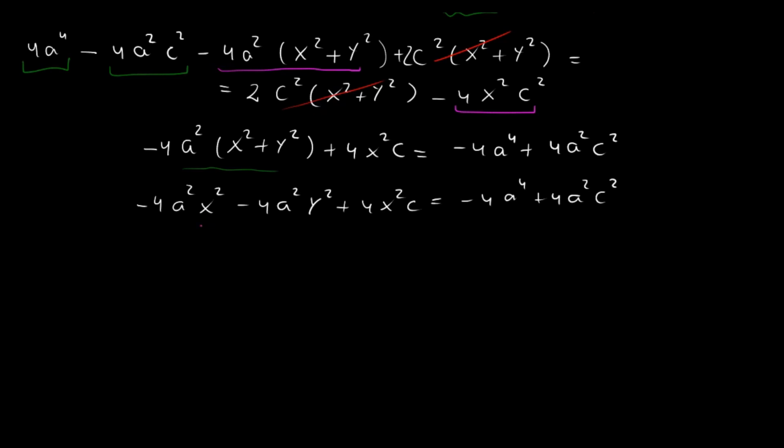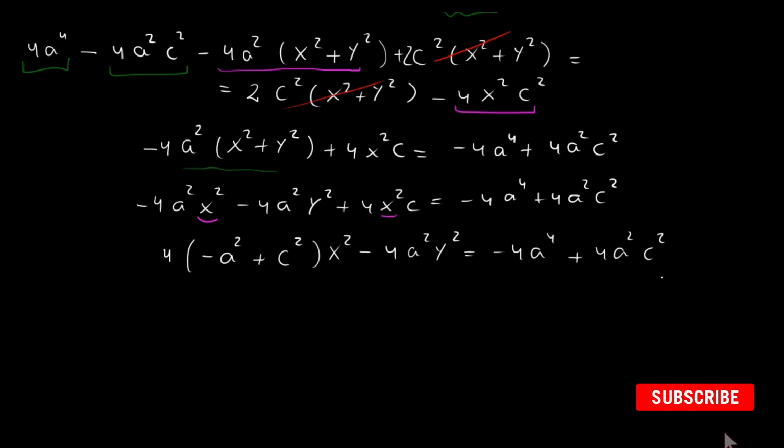Now I'm gonna take as common factor x squared, so this will give us 4 times minus a squared plus c squared times x squared minus 4a squared y squared equals minus 4a to the power 4 plus 4a squared c squared. Now I'm going to multiply everything by minus 1.